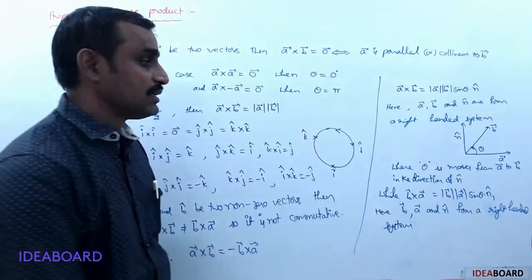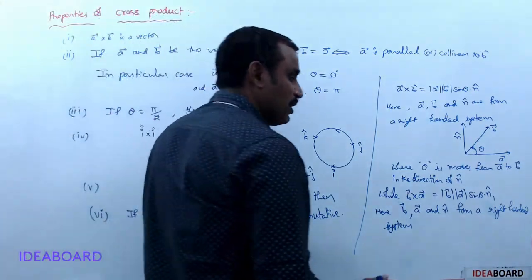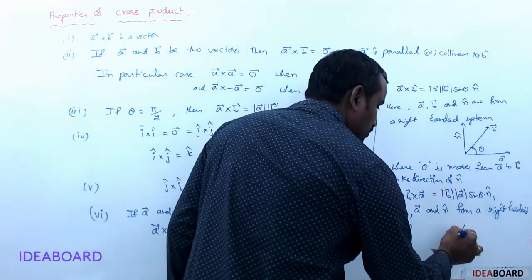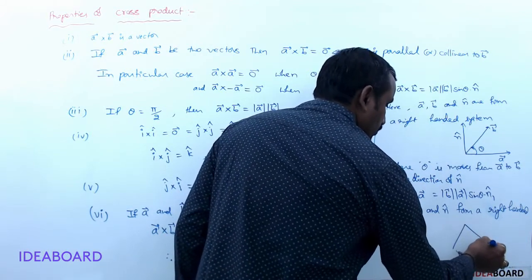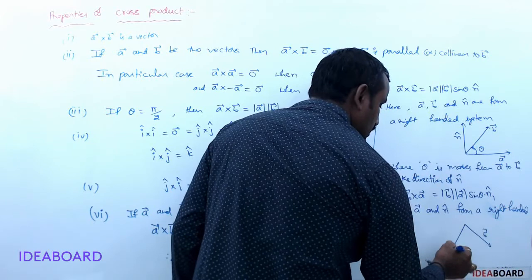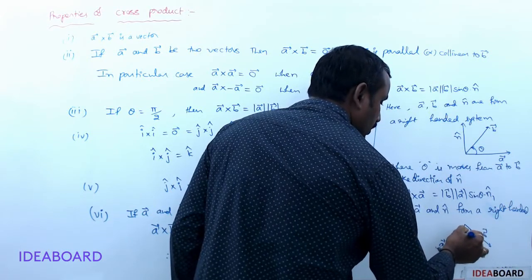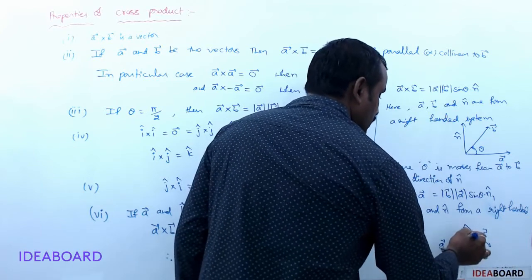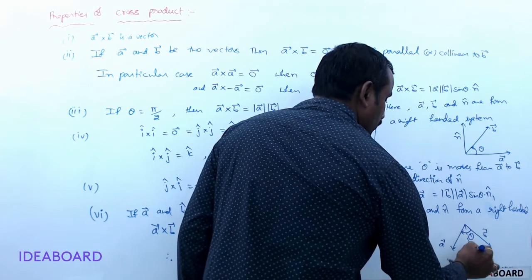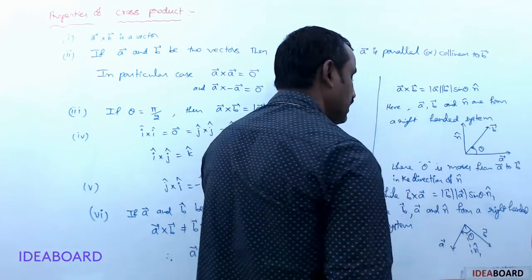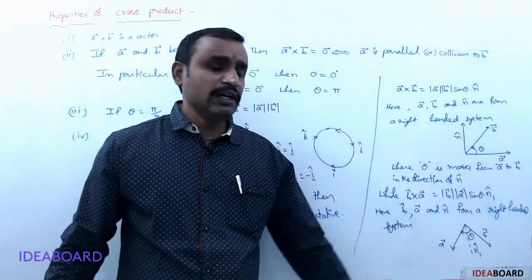In this case, theta moves from B bar to A bar, so this is B bar, this is A bar, in the clockwise direction. Here n1 cap is perpendicular to both A bar and B bar.